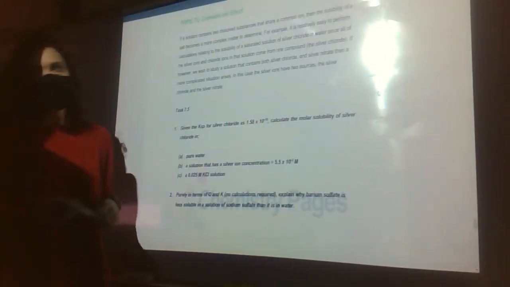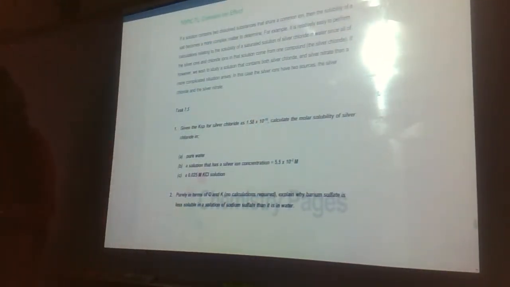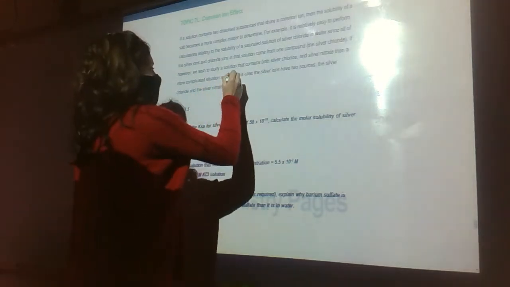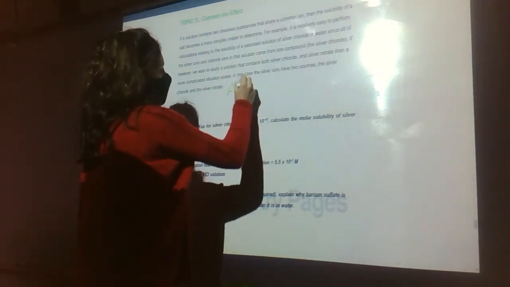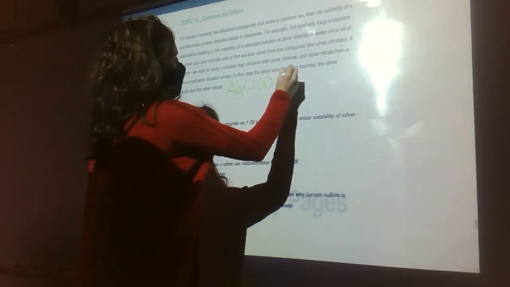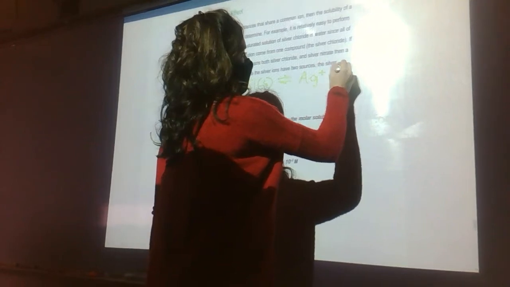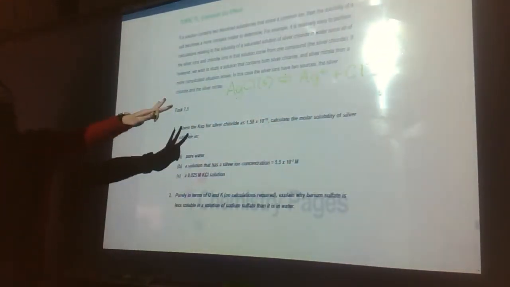So given the Ksp for silver chloride is 1.58 times 10 to the negative 10th, calculate the molar solubility of silver chloride in pure water. So this is just silver chloride in pure water. That's what it looks like.